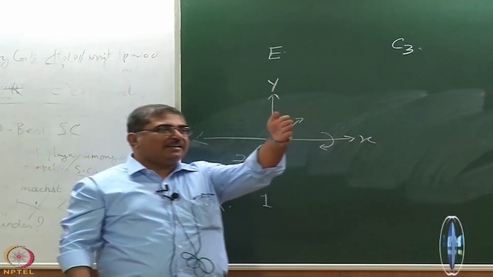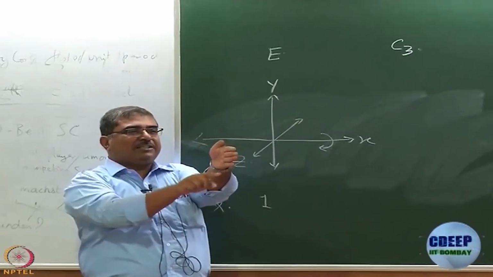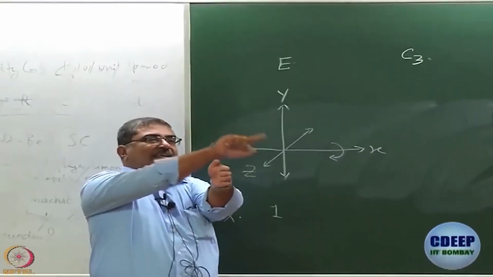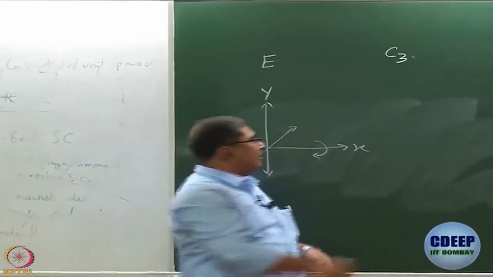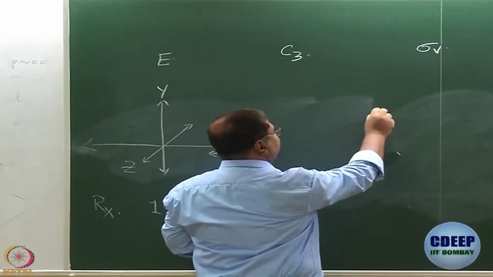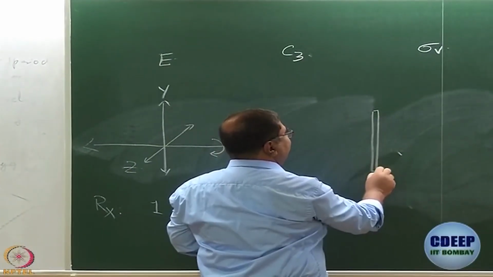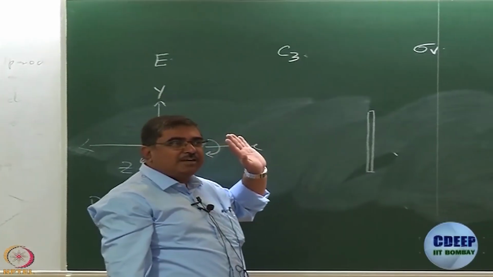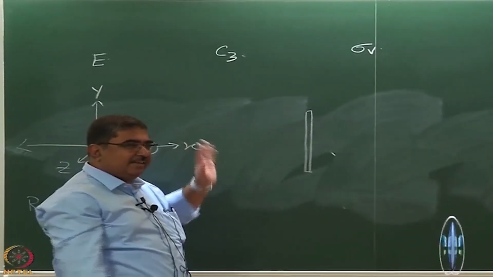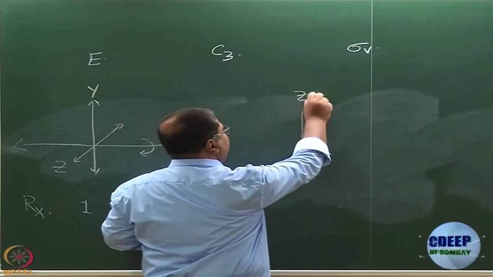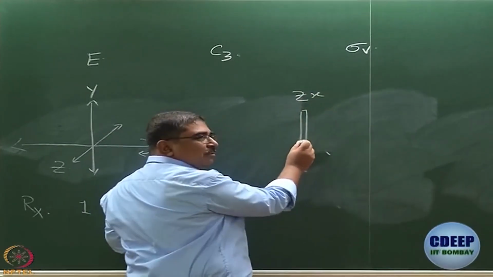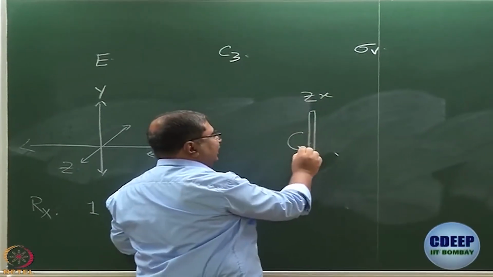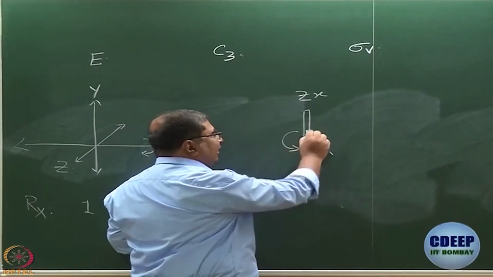This is the mirror plane, this is the direction of rotation, and the reflection of that will be like this. This is my mirror plane, which plane is this? The way we have formulated the problem so far, it is zx. So, the x axis is somewhere here pointing out, this is the direction of rotation, and this is the reflection.